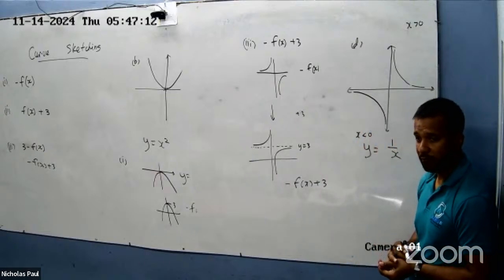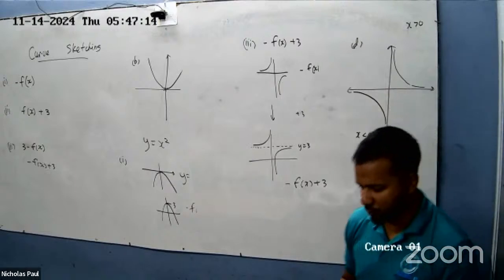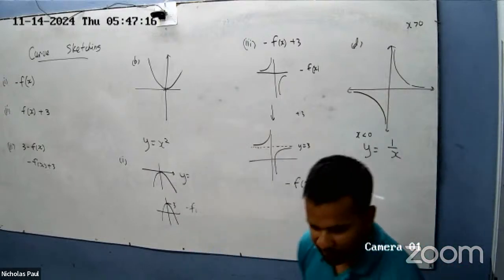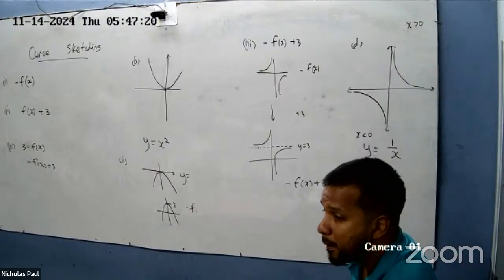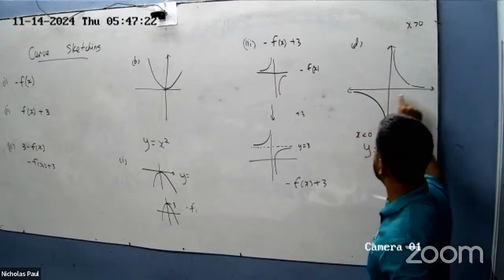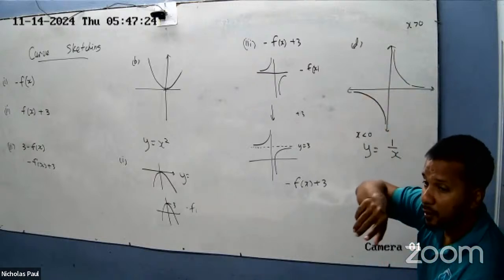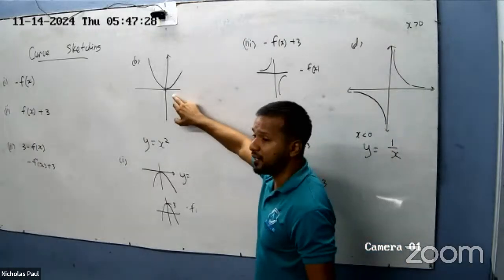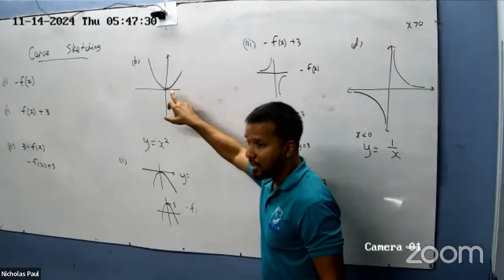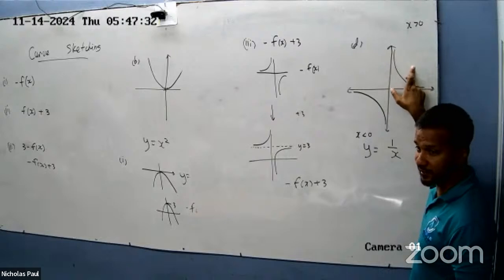That's okay? Right? Keisha, 1, 2 to do. No problem, Keisha. Yeah? No, minus f of x for B was the quadratic. F of x for D is this.